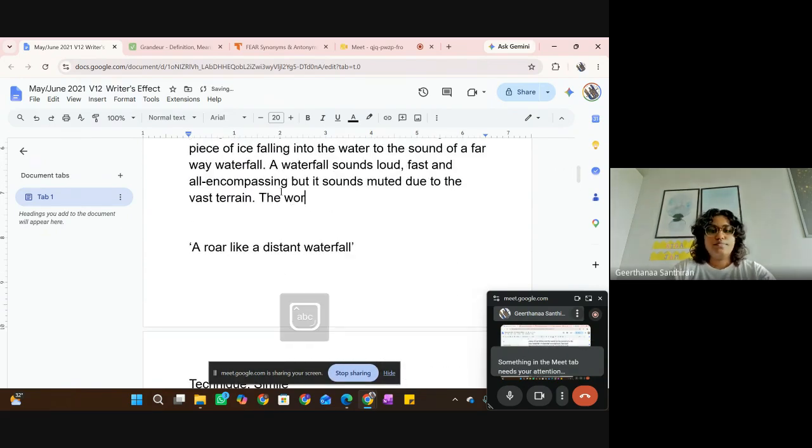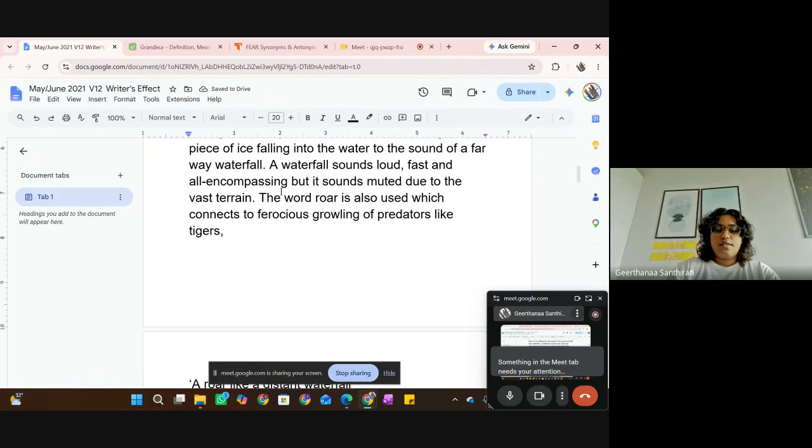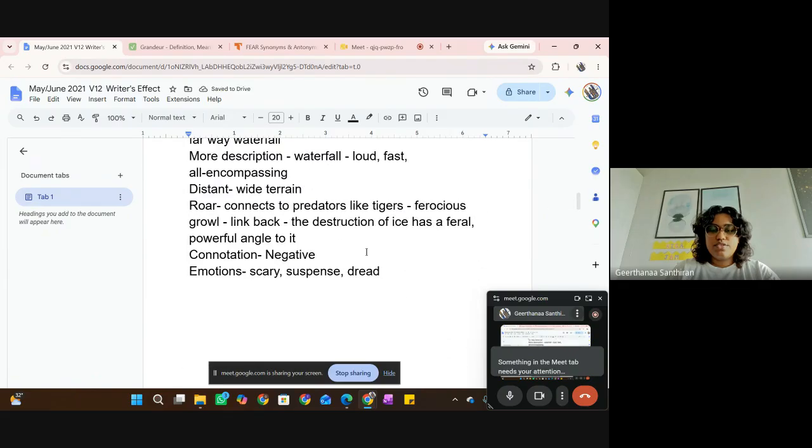The word roar is also used, which connects to predators, the ferocious growling of predators like tigers, making readers understand that the destruction of ice has a feral, powerful quality to it.